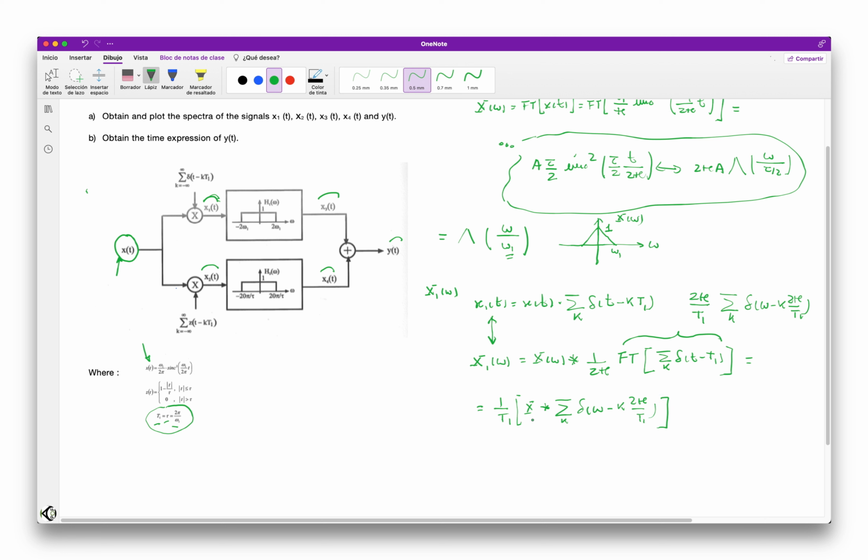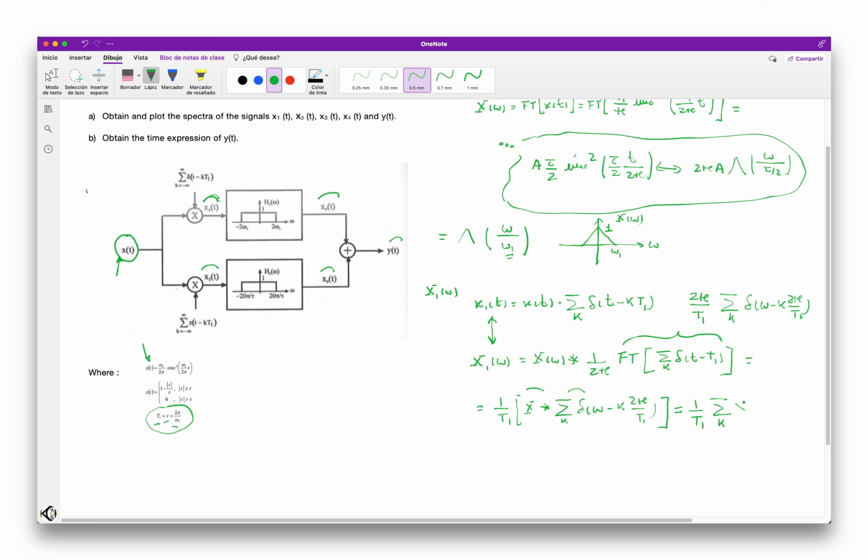So here we are faced with a convolution of a signal with a train of deltas. Remember that when we convolve a signal with a delta, the result is moving just the signal to where the delta was. So this will translate into... we also apply the distributive property of the convolution with respect to the addition.